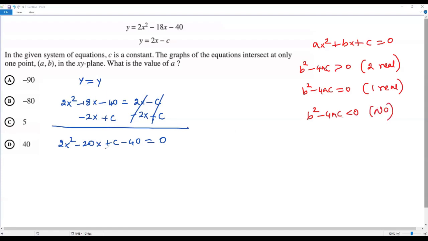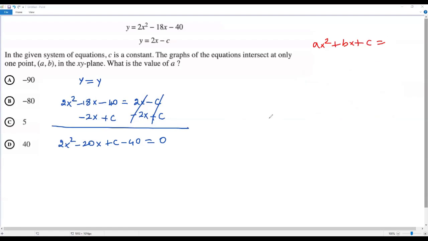Since we have only one point of intersection for the two graphs, this quadratic equation must have only one solution. So the discriminant b squared minus 4ac for this quadratic equation must be equal to 0, so that we have only one real solution. Now our aim is to find the discriminant b squared minus 4ac in our quadratic equation. For that, we compare our quadratic equation with ax squared plus bx plus c equals 0.